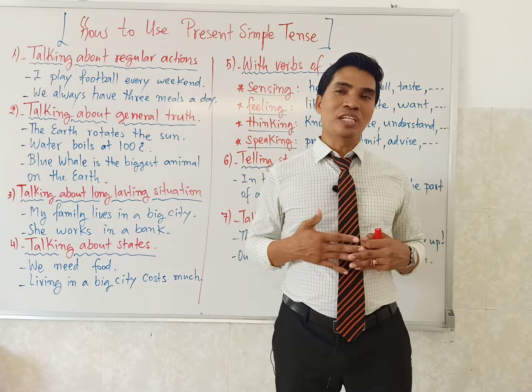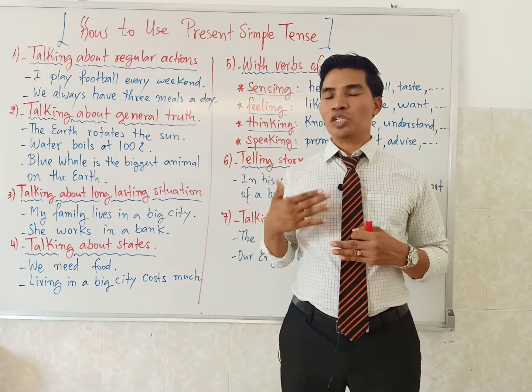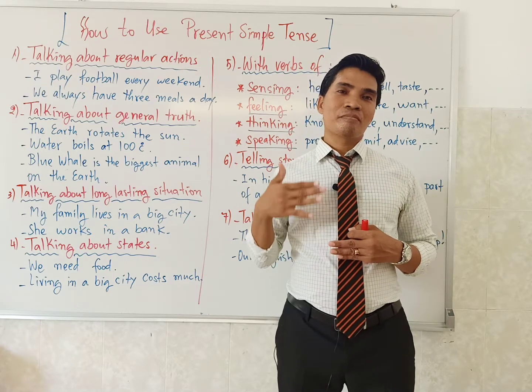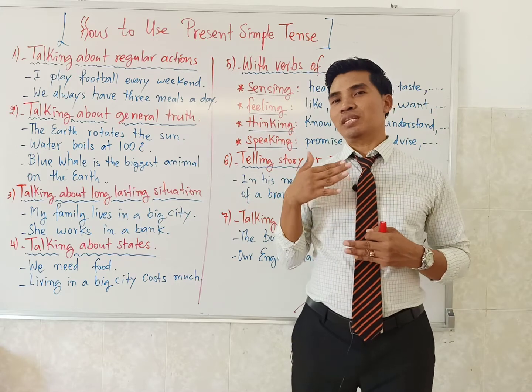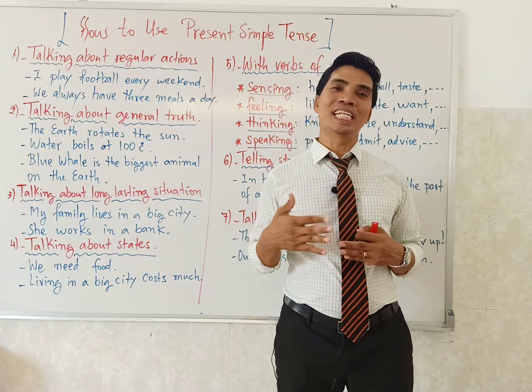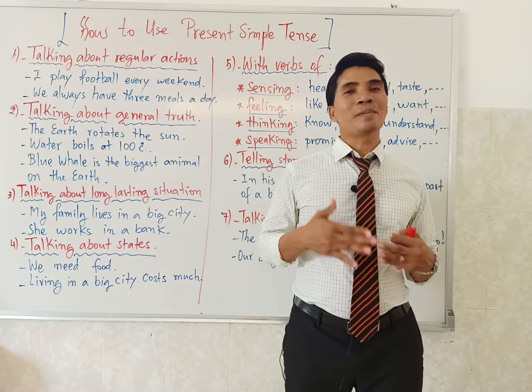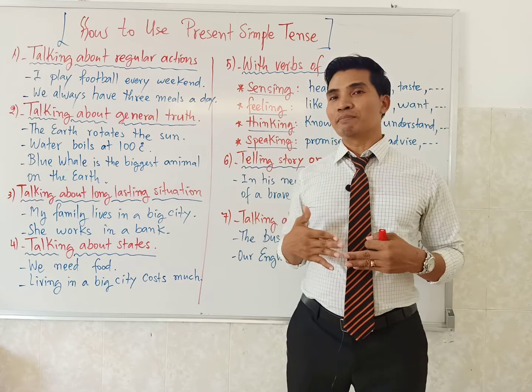In yes no questions, we use the helping verb do to form the question with the subject pronouns I, we, you, they, and we use does with the subject pronouns he, she, and it, and then plus the verb base form. That is the yes no question form in the present simple tense.